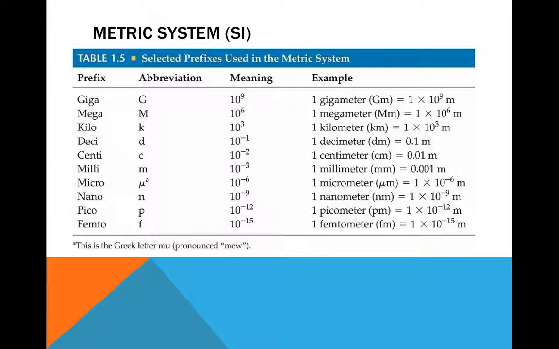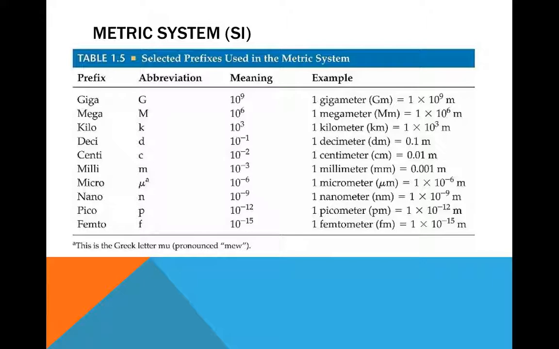What I'd like for you guys to do is just go through and fill some of these things in now, okay? So we've got hecto. The abbreviation for that is not actually on here, but the abbreviation should be h, lowercase h.